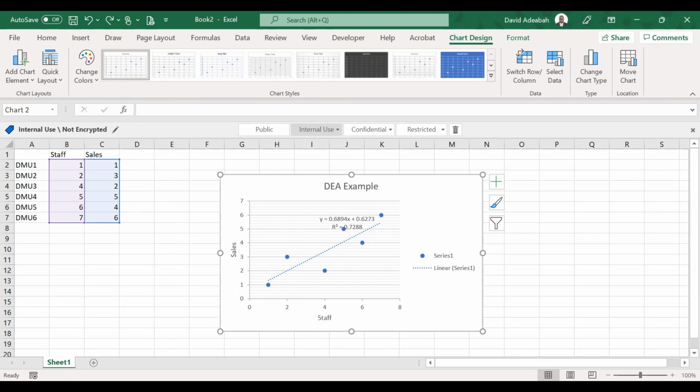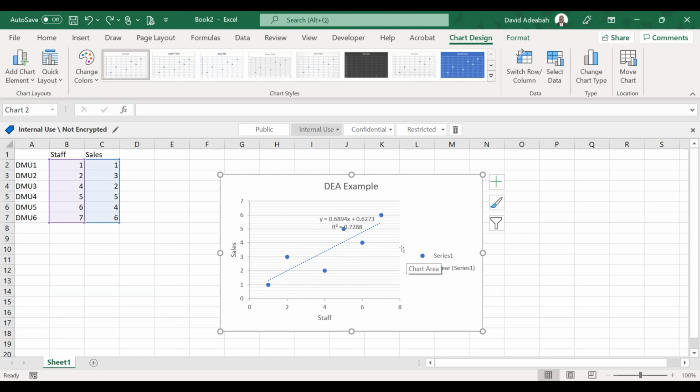When you look at this carefully, you will notice that the R square is approximately 73%, which shows that the independent variable, staff, is explaining 73% of the variability in the sales. That is what it means.